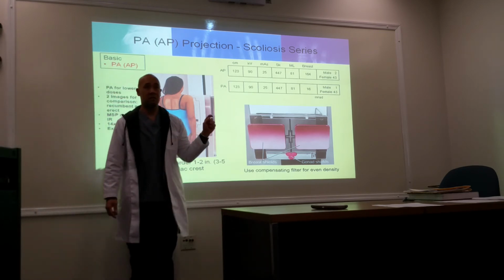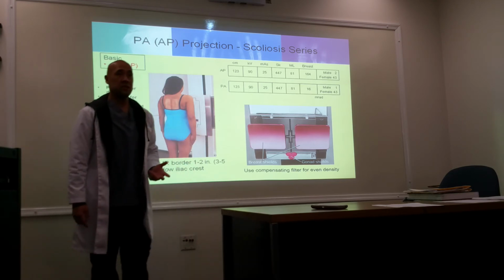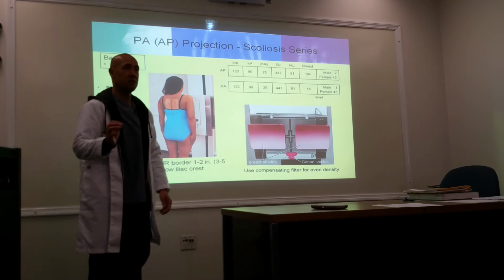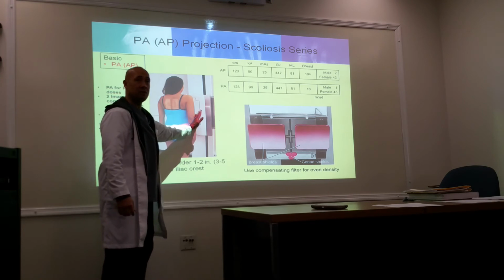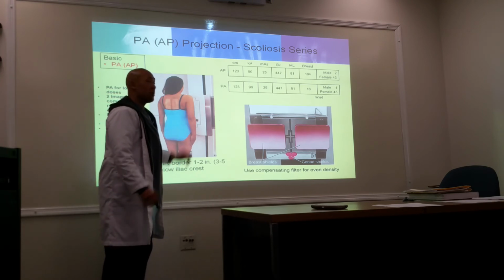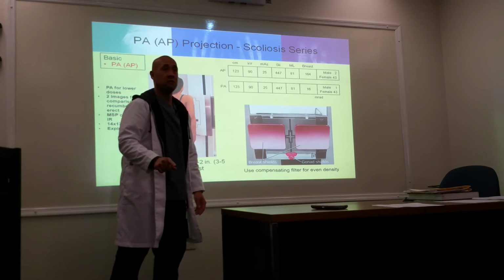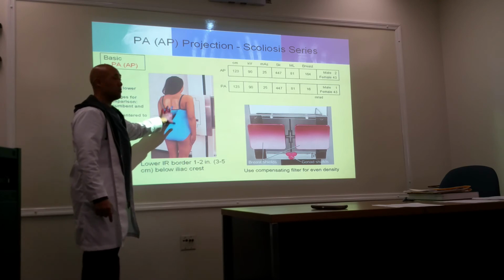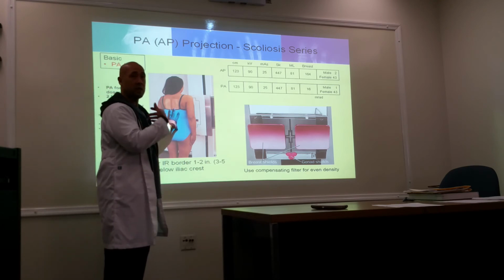Books suggest that you should be doing it PA. We're not looking for detail. Although there's OID between the spine and the image receptor, we're looking for alignment, curves. They prefer to do it PA because it's less exposure to the breast, and also the gonadal area and the thyroid.